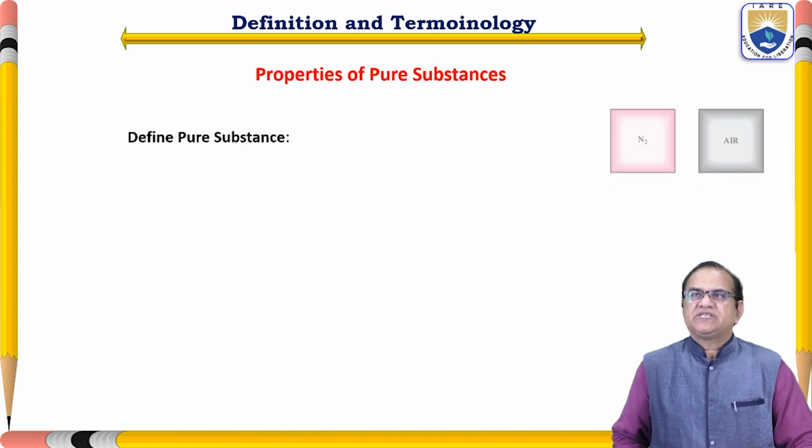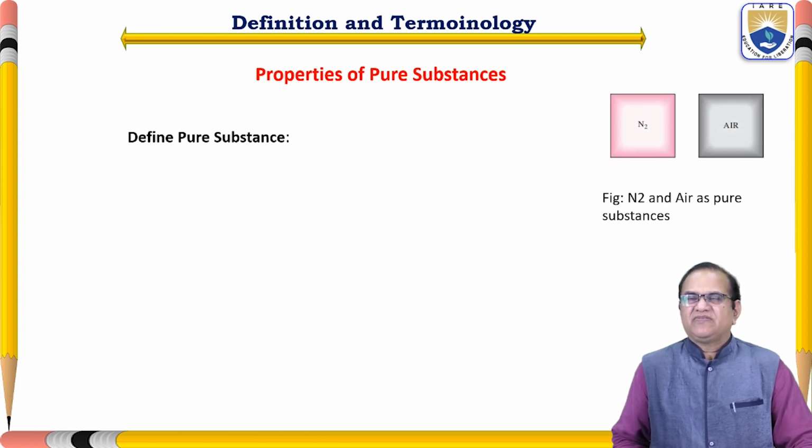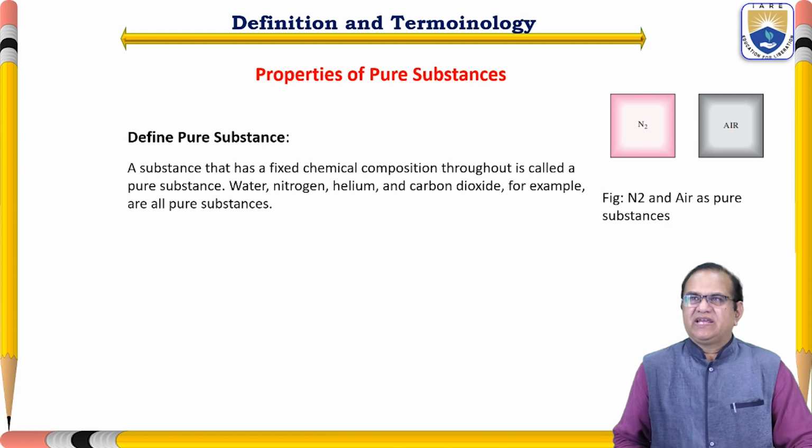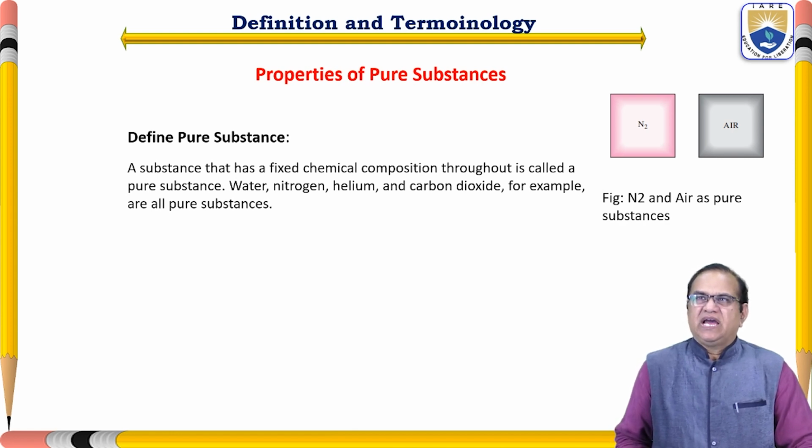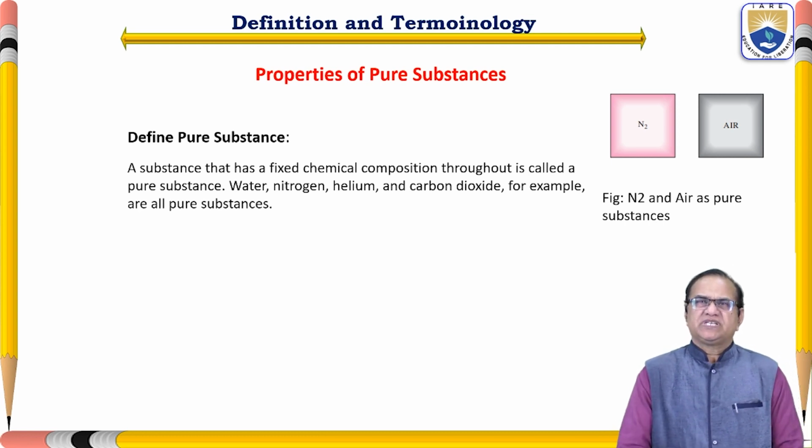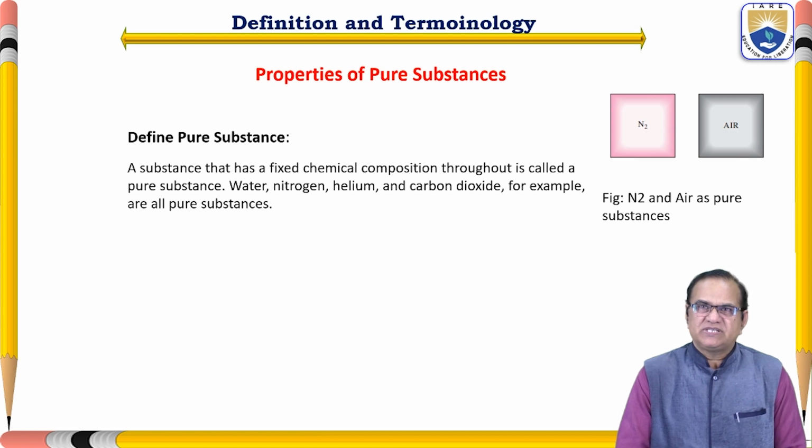Pure substance, we can see here with the diagram that here we have the air. Air consists of nitrogen and oxygen. We have two separate gases. So a substance that has a fixed chemical composition throughout is called a pure substance.